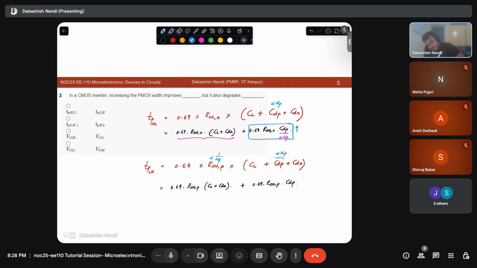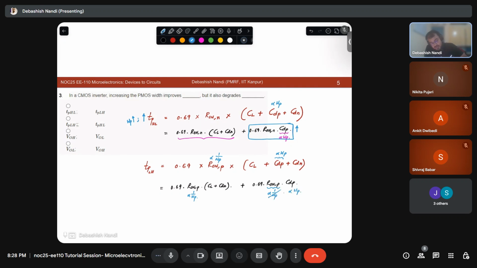That means TPHL is increasing with WP. If WP increases, TPHL will also increase. And what about this? This is proportional to 1 over WP, and this is proportional to WP.